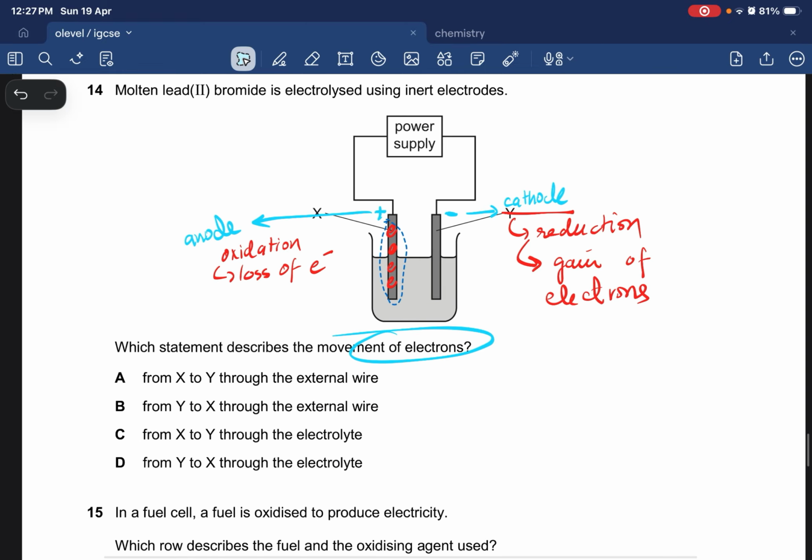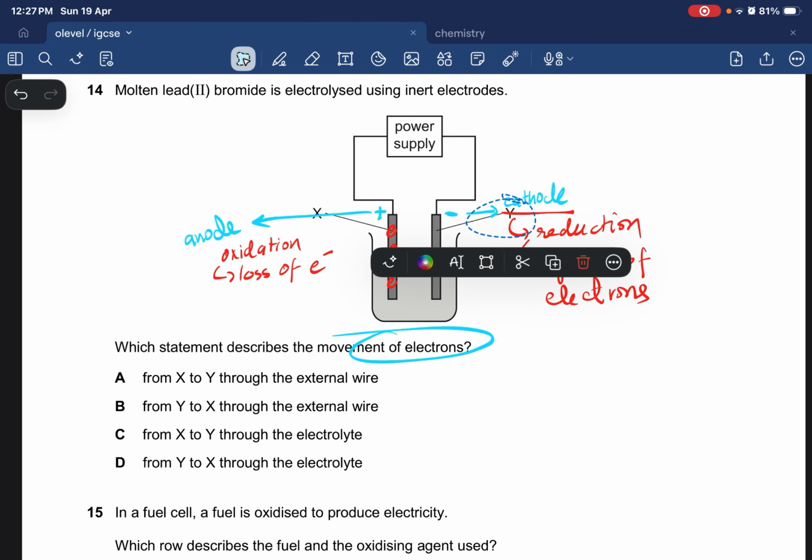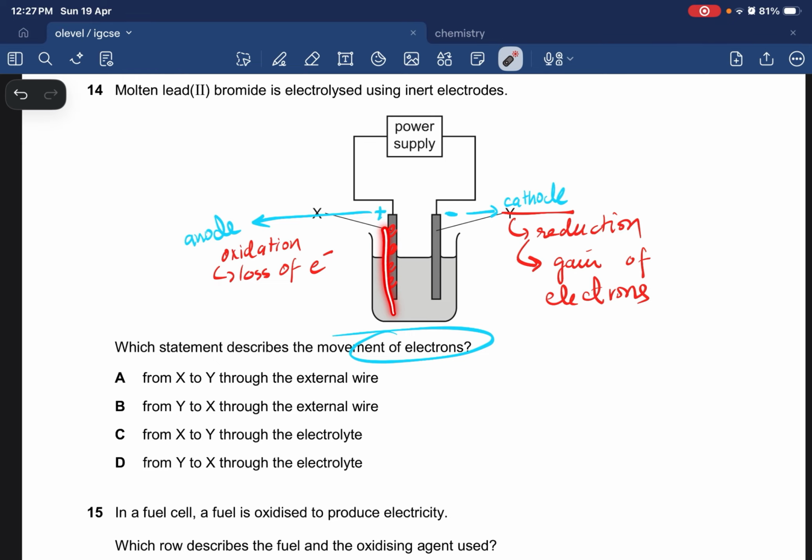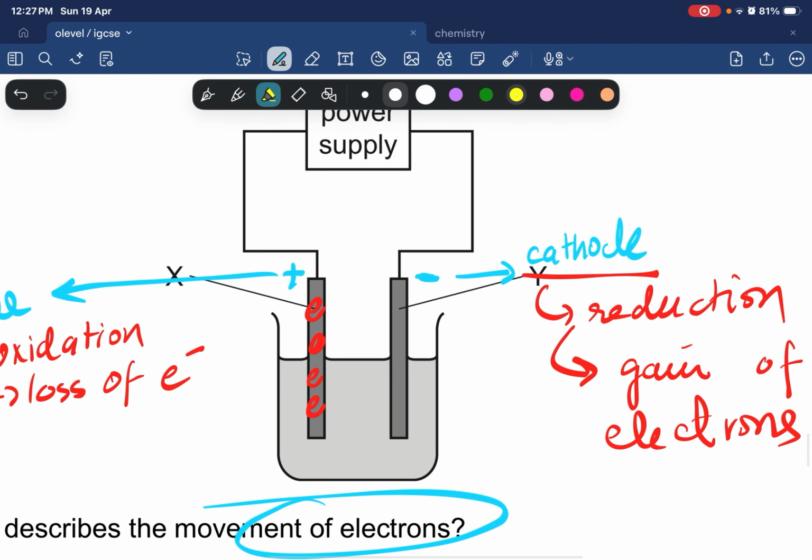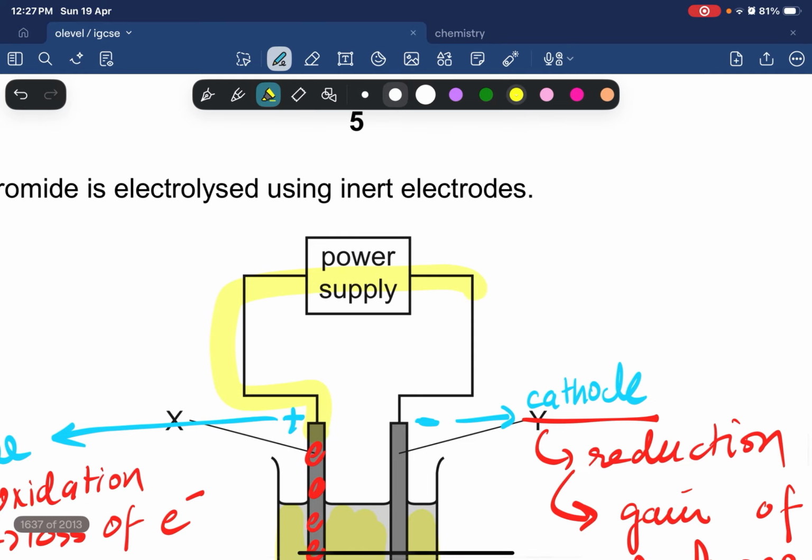So electrons move from, this is X, this is Y. So electrons are going to move from X to Y. Now what is the electrolyte? This solution is the electrolyte, and this thing is the external circuit.